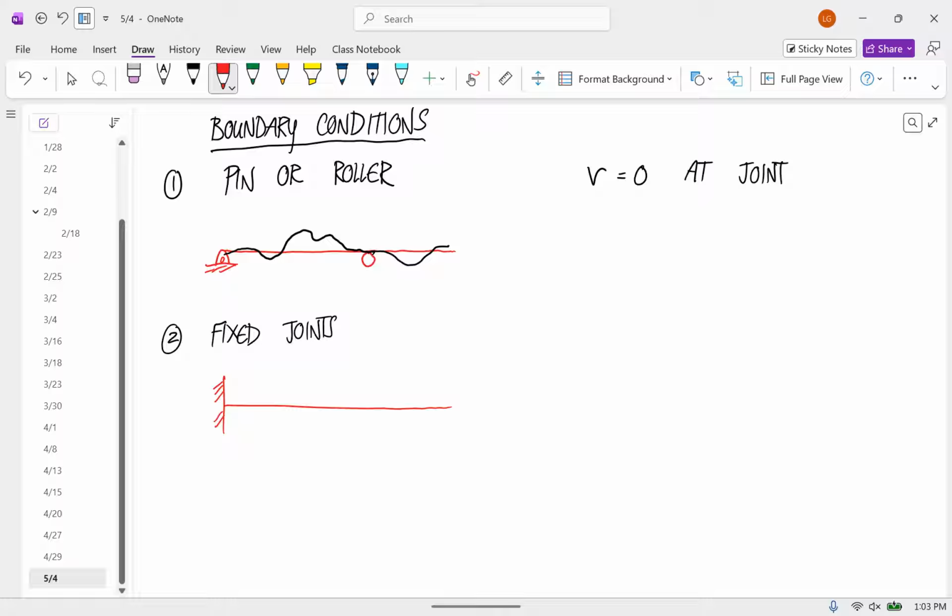Well, as long as the weld or the glue or whatever holds, this has to leave the wall at the angle that it starts with. And so that height can't change because of the weld, and the angle can't change either. So our restriction in this case is that V is equal to 0 and V prime is equal to 0 at the joint.